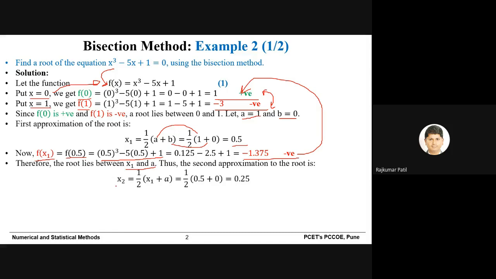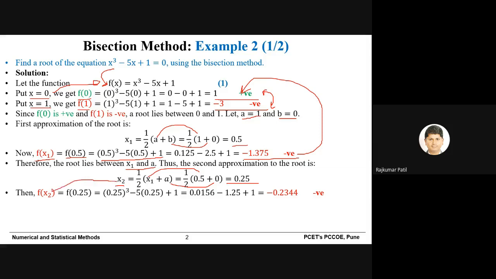Then we calculate the next iteration, that is x2, which is equal to 1 upon 2 (x1 plus a). So put x1 is 0.5, a is 0, and you will get x2 is equal to 0.25. This will be your next iteration. Then we will calculate f of x2. So put x2 as 0.25 in equation number 1 and simplify.